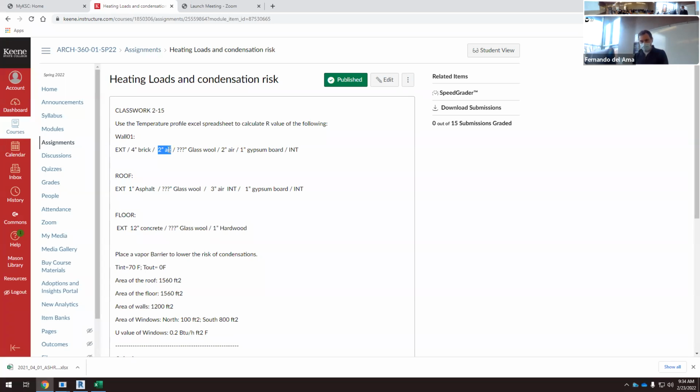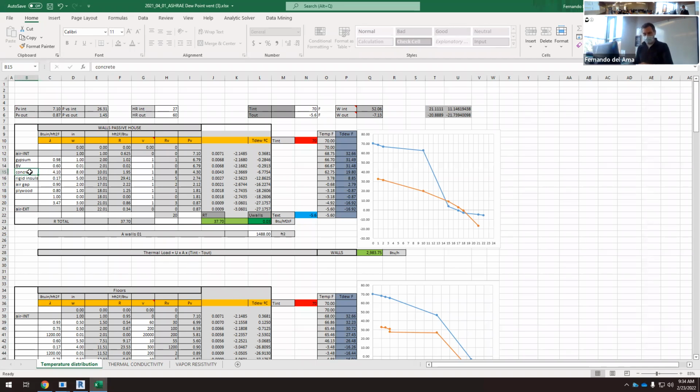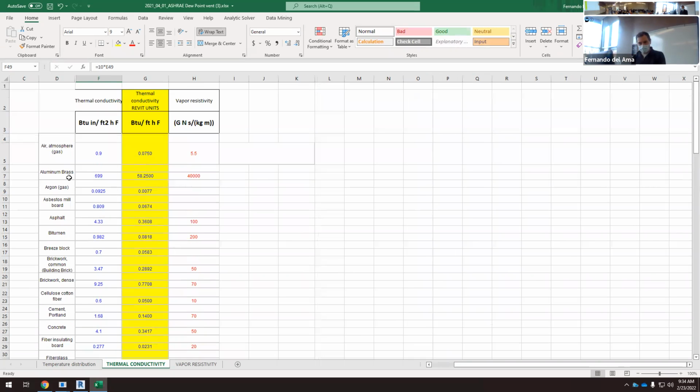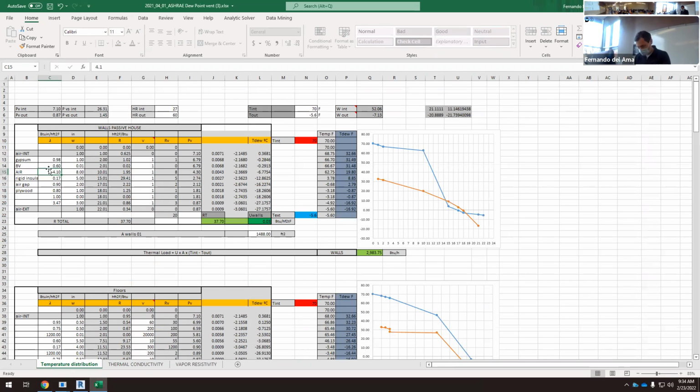We have a 2-inch air chamber here. After the vapor barrier, we have air. The thermal conductivity of air is 0.9, and the width is 2 inches.